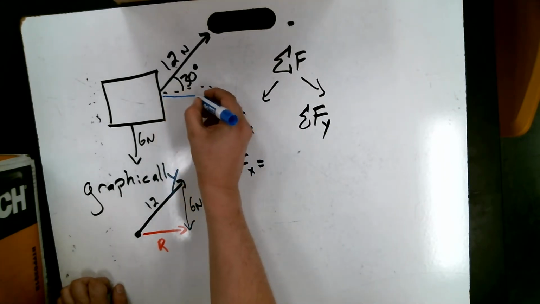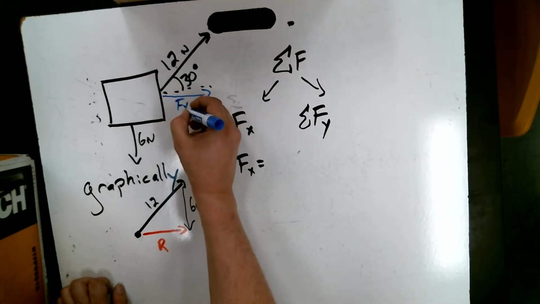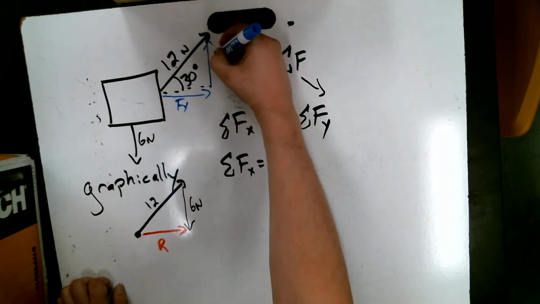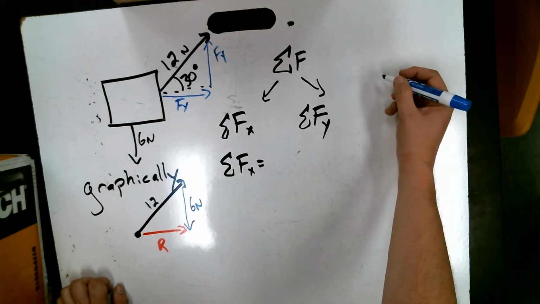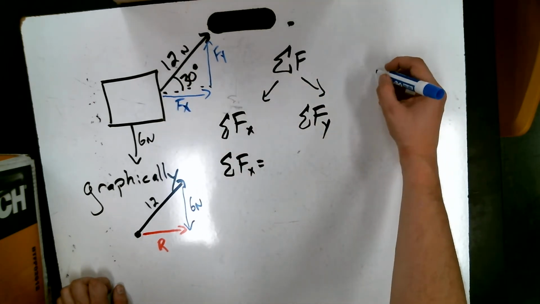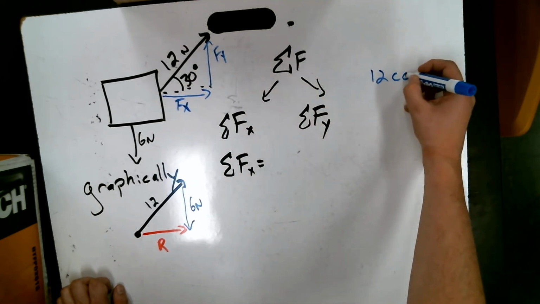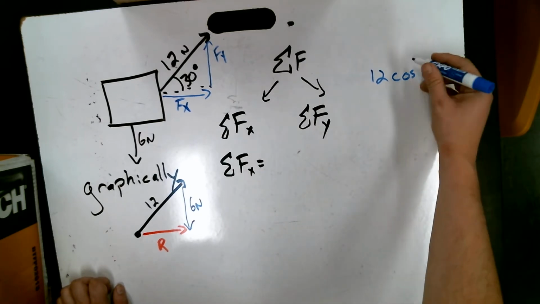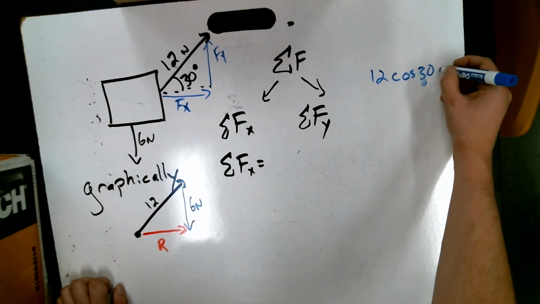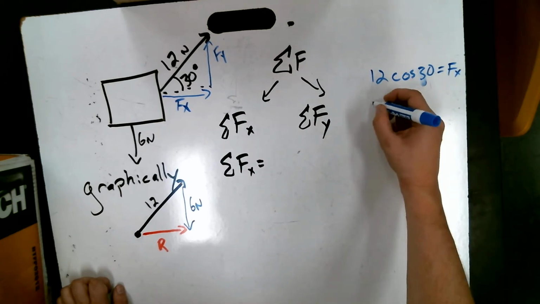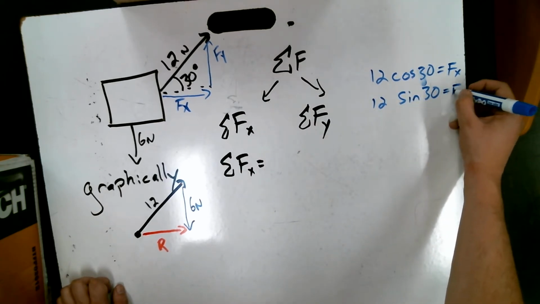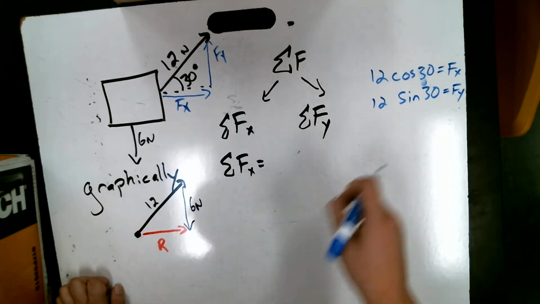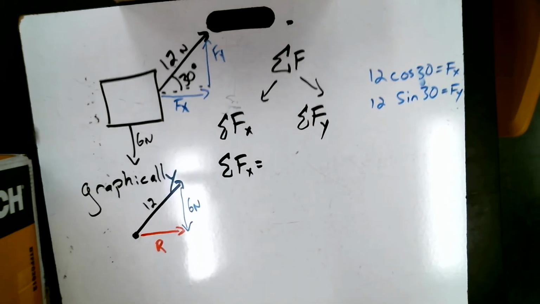I'm going to break this down into a force in the x and into a force in the y. Off to the side, I'm going to do the trigonometry for that. That is going to be 12 cosine of 30 will get me Fx, and 12 sine of 30 will get me Fy. Doing that math real quick.